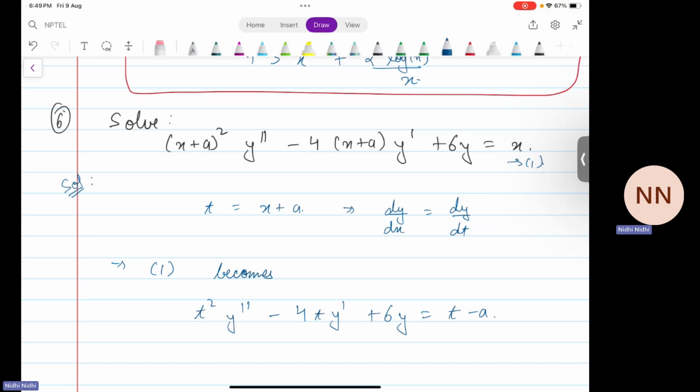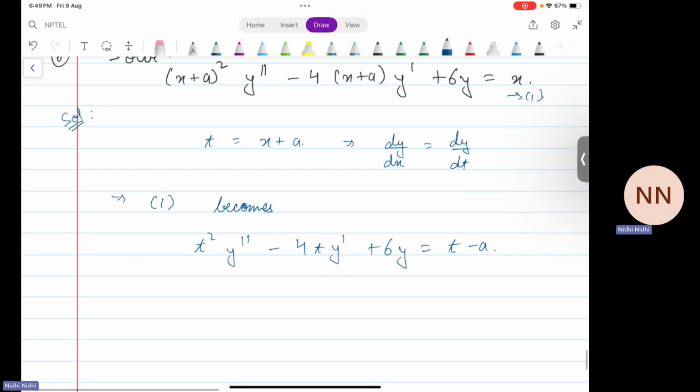Now we'll again use the same method as done earlier. We'll take some variable z equal to log t.